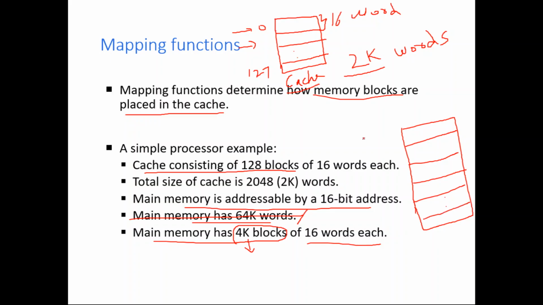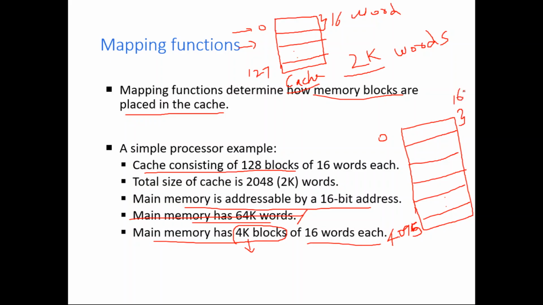Is it clear? From block 0 to block 4095 it contains, totally, 4096 blocks. The numbering is from 0 to 4095, but the total is 4096 blocks, where each block can hold 16 words.